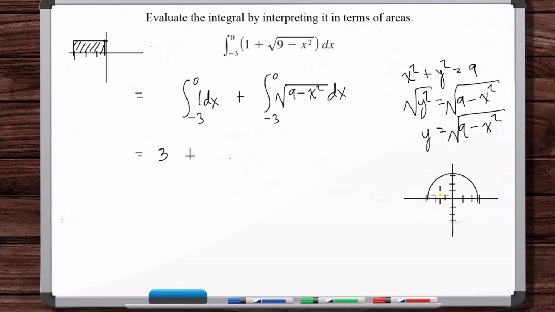And so what they're doing is we're looking for this area here. So it's a quarter of the circle. Well, no, I'm sorry, it would be from -3 to 0, it'd be this.